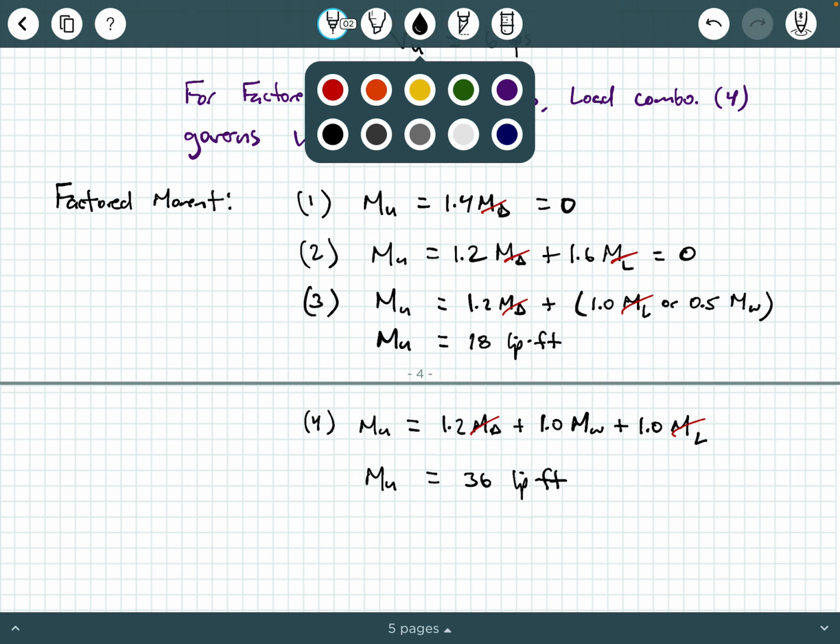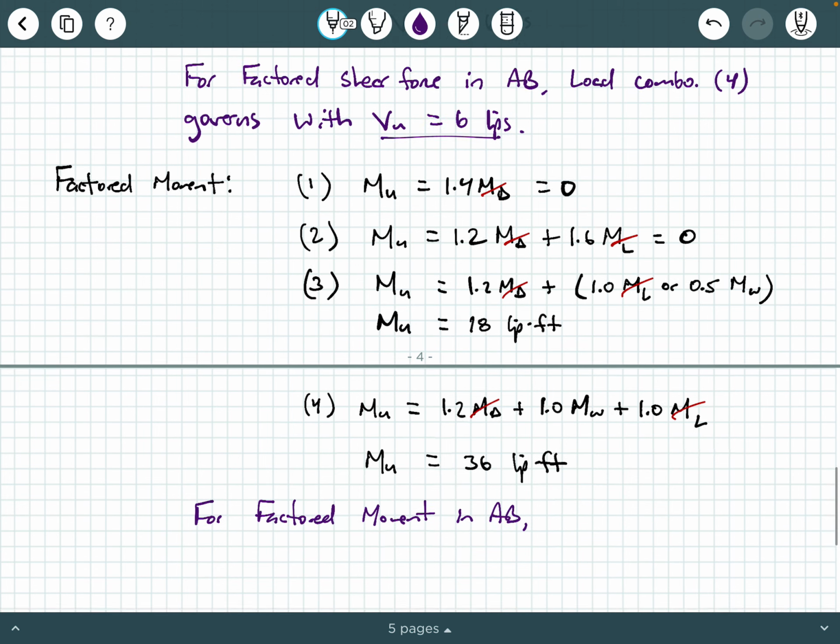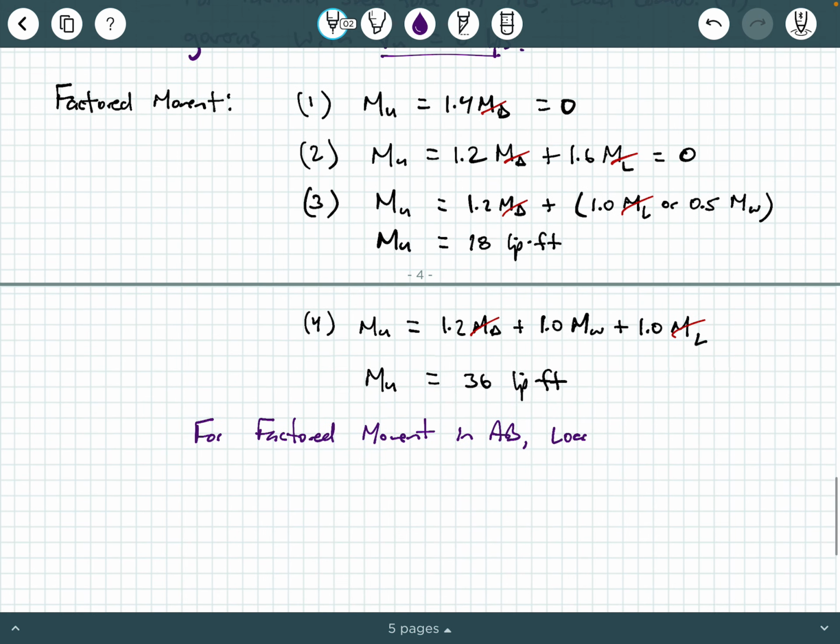And so making our commentary here, we're going to say for factored moment in AB, load combo 4 governs with MU equals 36 kip feet. That's part of our answer.